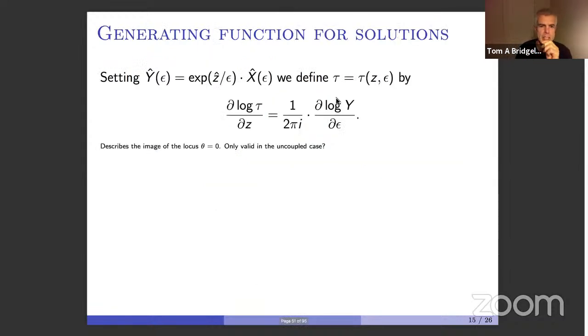So in this case, it turns out, I want to write those solutions in terms of a generating function. So this was my solution to the Riemann-Hilbert problem. I take away the exponential part, so I get something very closely related. And then I write this equation.